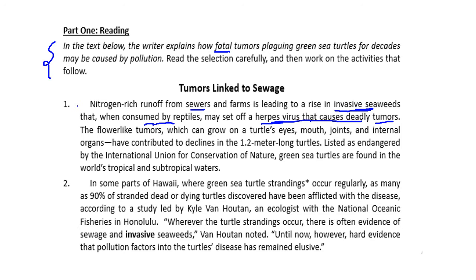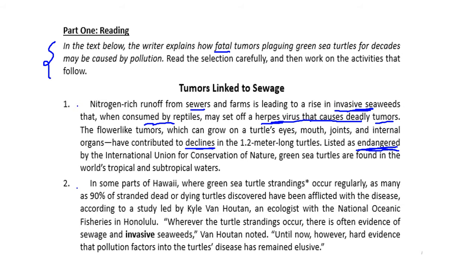The flower-like tumors, something like what we saw in the first slide, which can grow on a turtle's eyes, mouth, joints, and internal organs, have contributed to the decrease in the 1.2 meter long turtles, you know, those huge turtles, listed as endangered. They are in danger of becoming extinct by the International Union for Conservation of Nature. Green sea turtles are found in the world's tropical and subtropical waters.